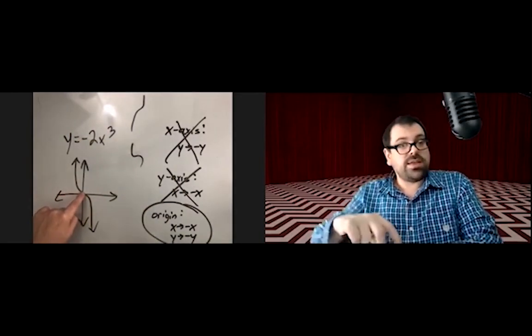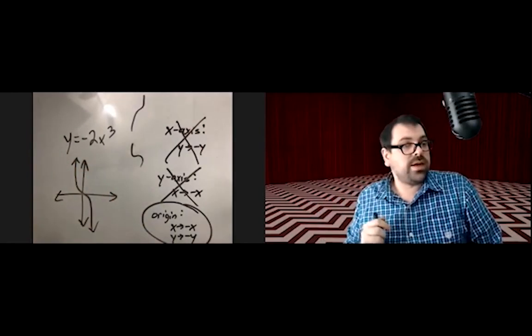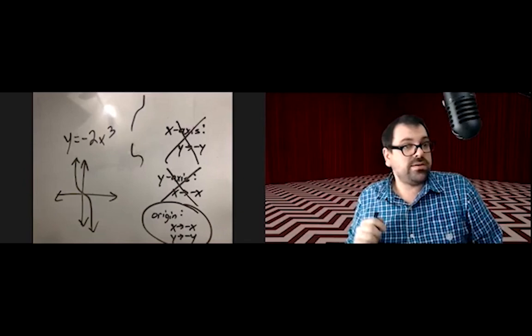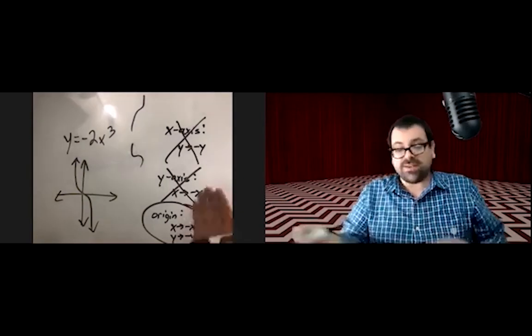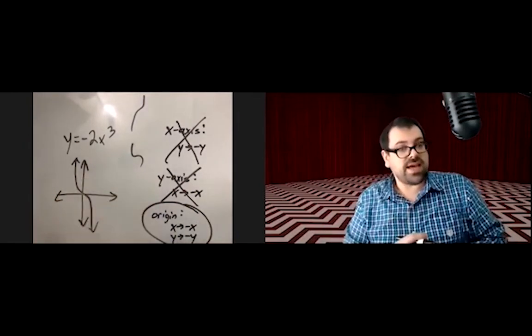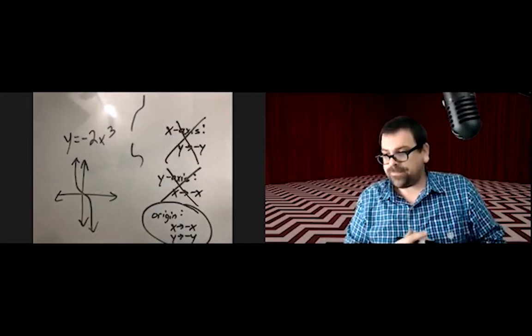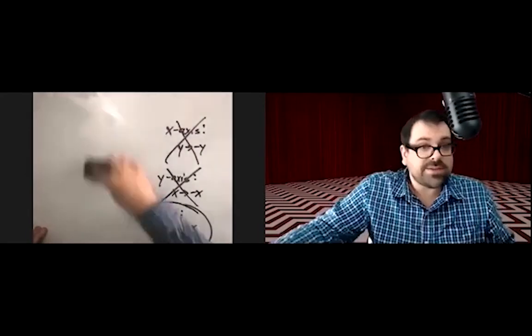And holding it down at the origin and spinning and getting the same graph back, that's the definition of origin symmetry. But we can see it doesn't have y-axis symmetry. It doesn't have x-axis symmetry. Okay, so that's symmetry.